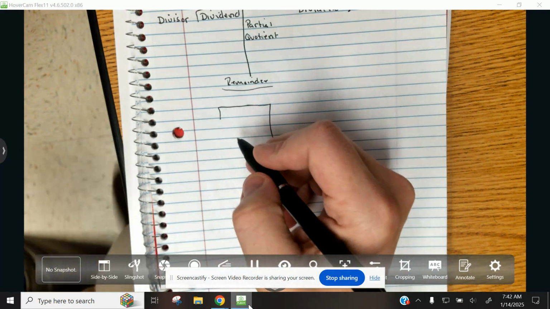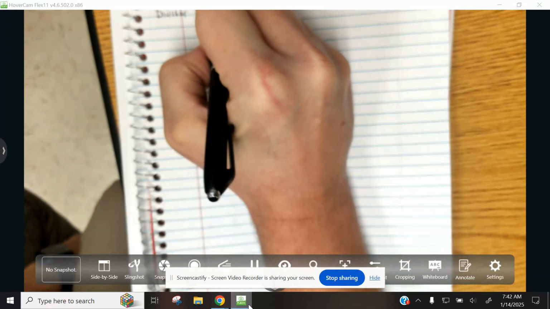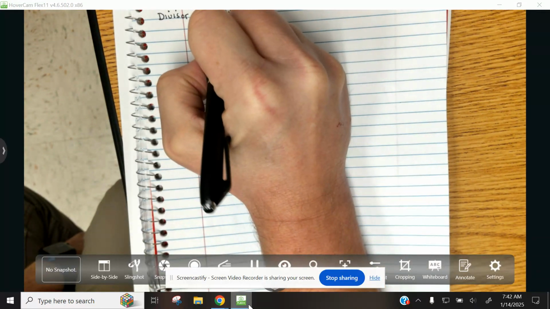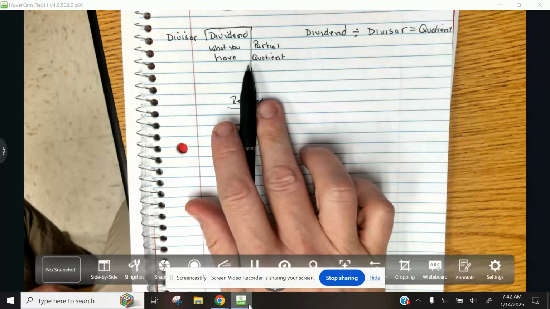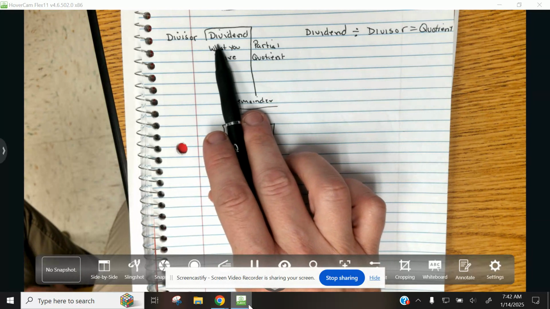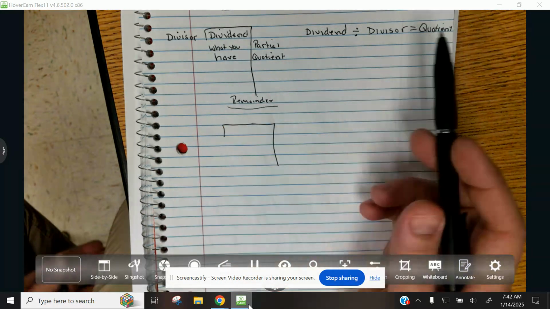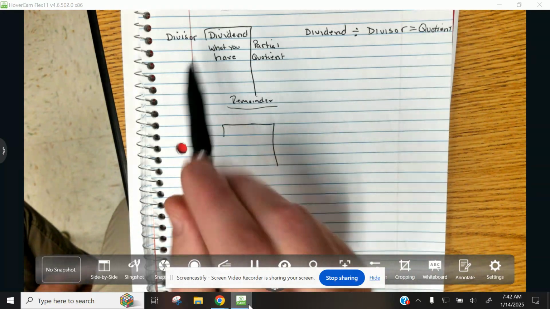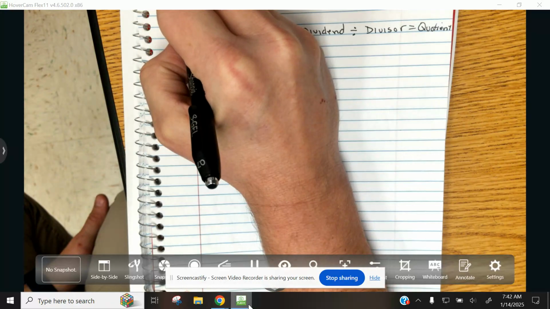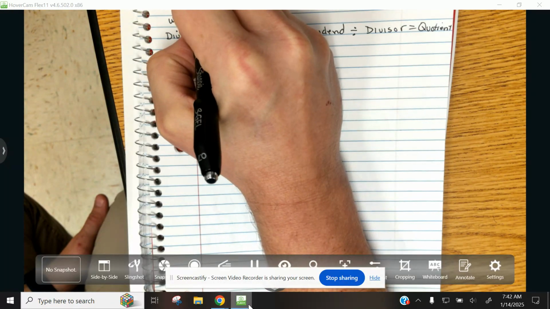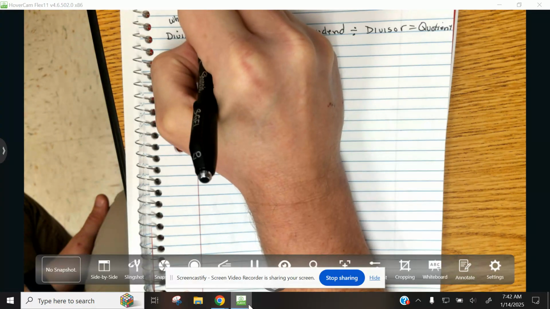Okay, so the dividend is what you have. You've heard me say that before when we've talked about other things. So in a word problem, when we say you have 32 chocolate bars, that is the dividend. They're telling you that's what you have. The divisor is what it is being split by.